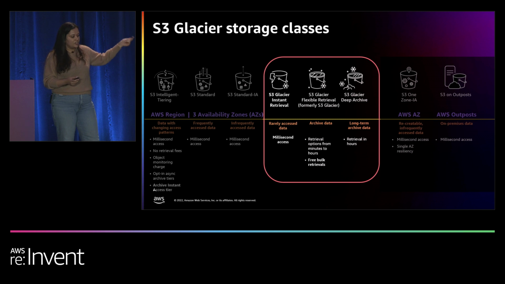Second is S3 Glacier Flexible Retrieval. It has more flexible retrieval options ranging from minutes to hours, but is available at a lower price point than GIR. And last, we have S3 Glacier Deep Archive, which is the cheapest storage option available with retrieval time that ranges in hours.